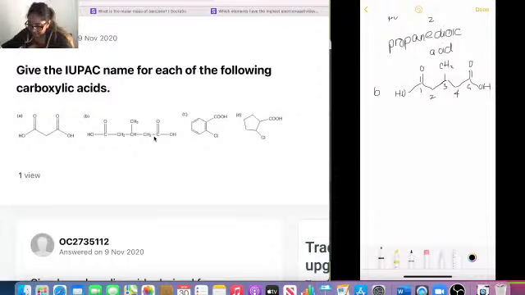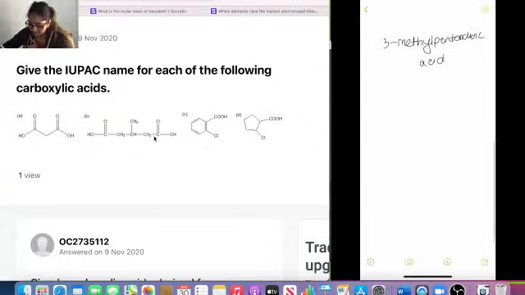One of the substituents here is methyl, so we can name this 3-methylpentadioic acid. Okay, this is your carbon chain.